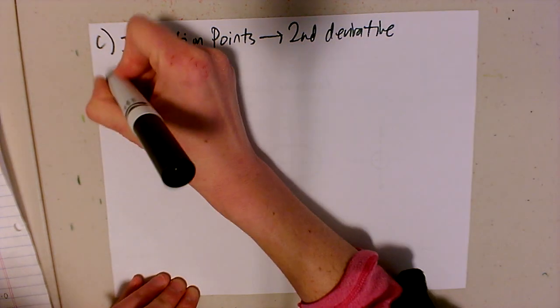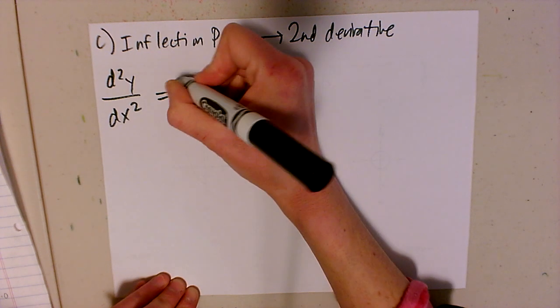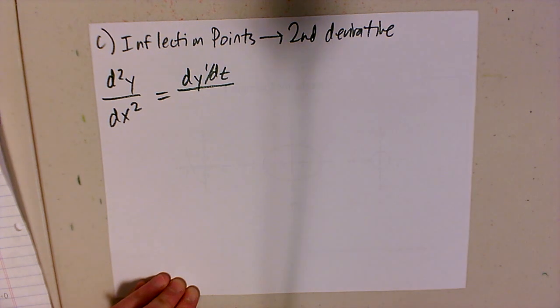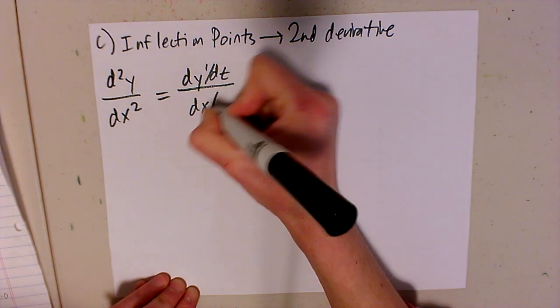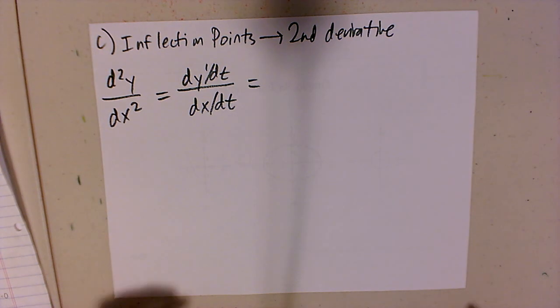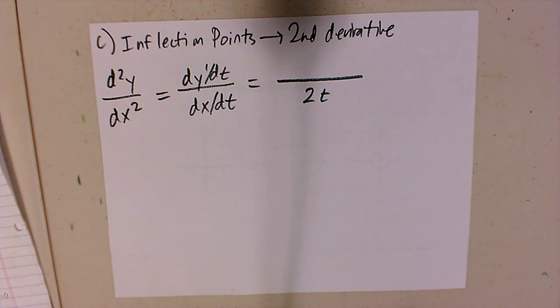My second derivative, d squared y over dx squared, is dy prime, our derivative of y with respect to t, over dx/dt. Now, dx/dt we figured out in part B, and that's just 2t. Now for dy prime/dt, what we're doing here is taking the derivative of the first derivative.